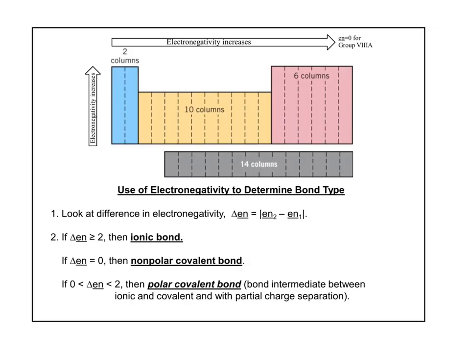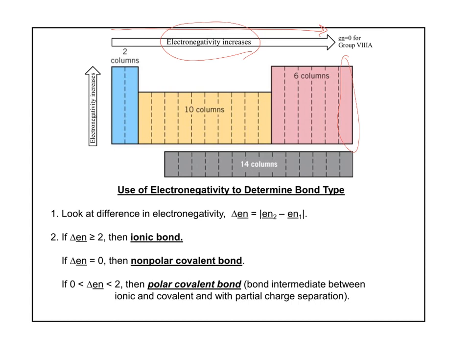How can we tell whether or not an element has a higher electronegative value than another? If I gave you the values, well, that would be pretty easy, but a lot of times you're not going to be given the values. What you're going to do is use a periodic trend to help you with this. So take a look at the periodic table here. The trend shows that as we go across a period, as we go across the table, the electronegative value increases. Noticing that even though as you go left to right, the values increase, the group 8A noble gases have electronegative values of 0.